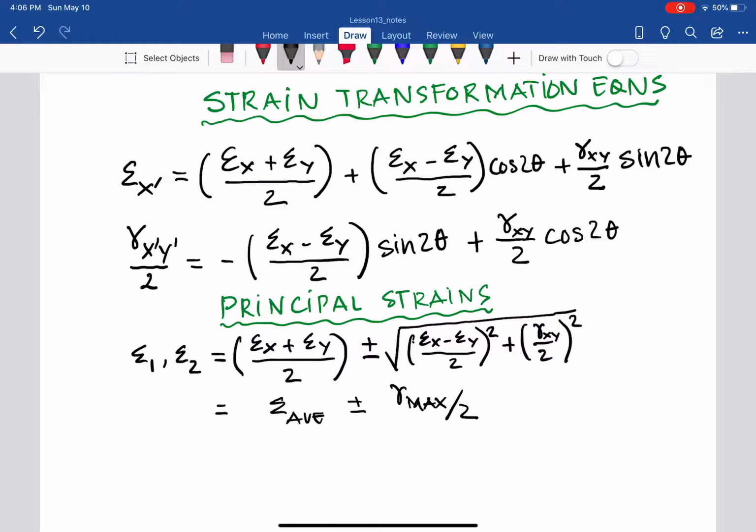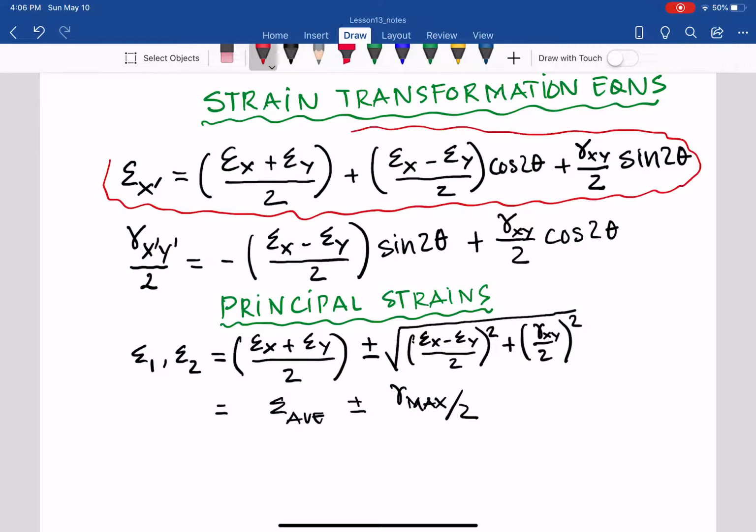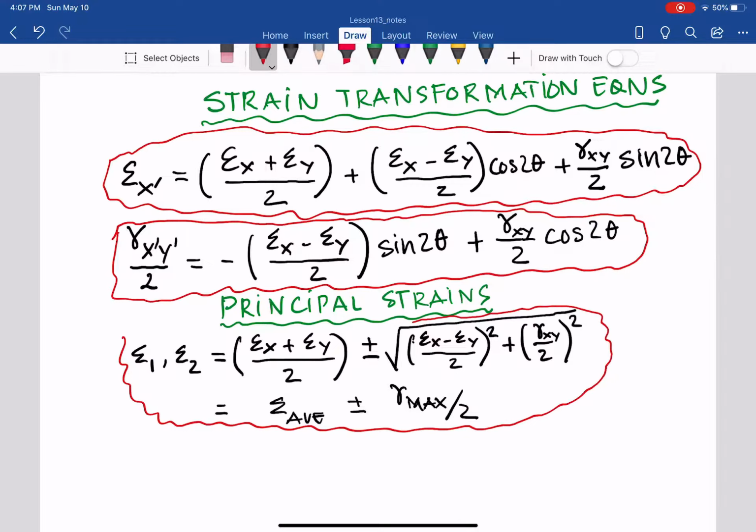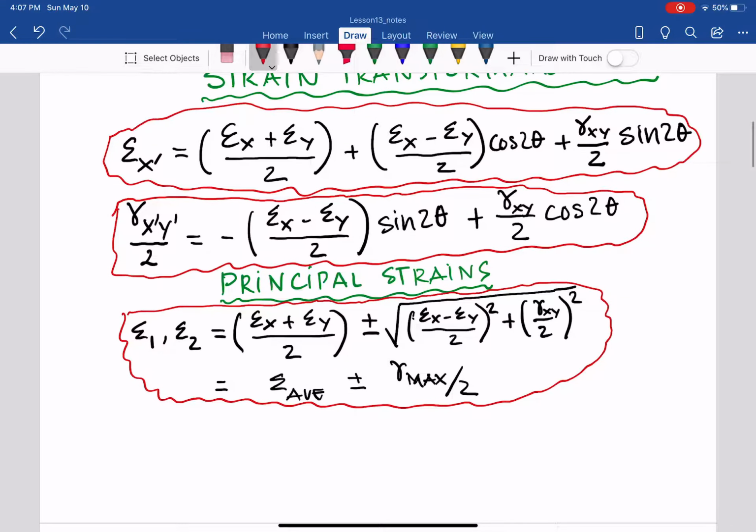So from that we can box all of these equations here. With that analogy, we can see the equations become more straightforward. And also we have the maximum in-plane shear strain.